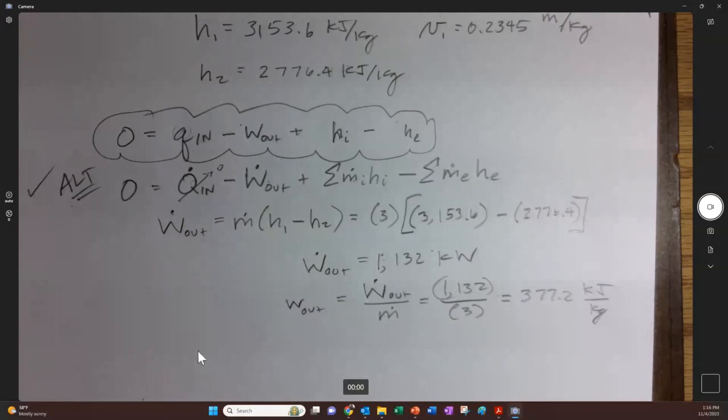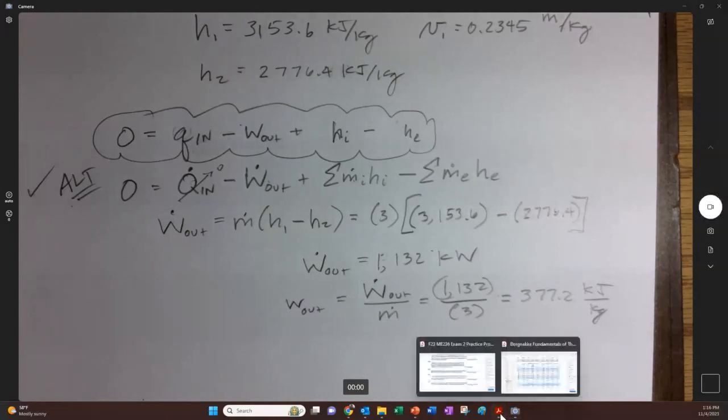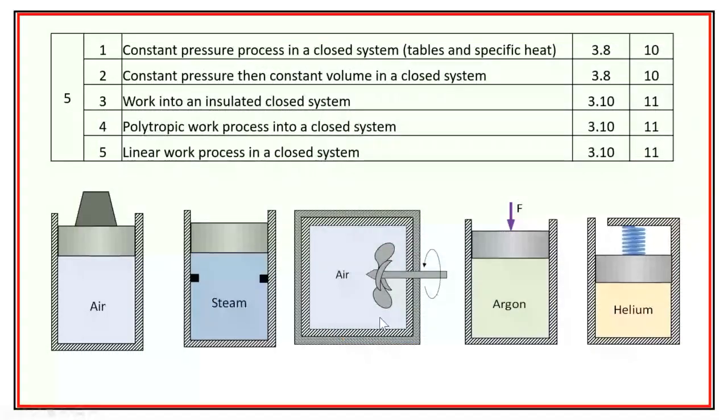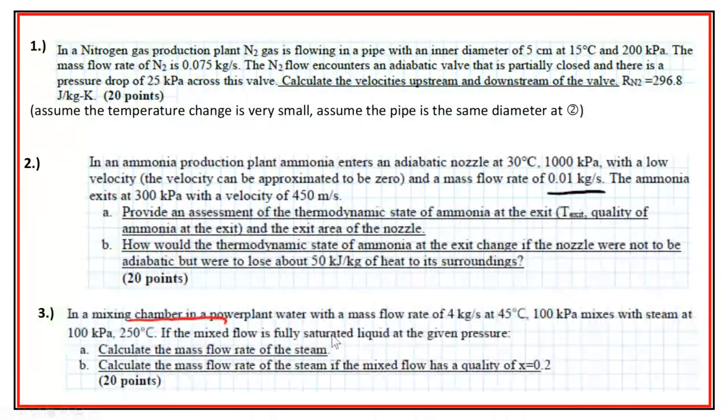There were some problems where they said, what if it lost this amount of energy? In Dr. Yevstrick's, I think one of his questions here, he said, provide assessment of thermodynamics here. How would the thermodynamic state change if the nozzle were not adiabatic and could lose this energy?